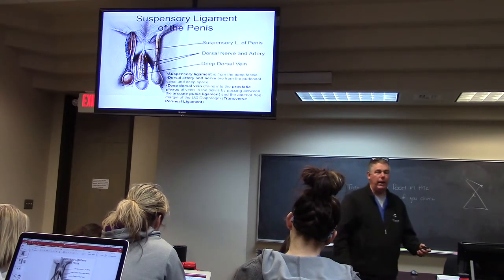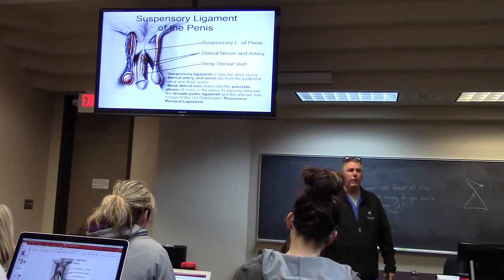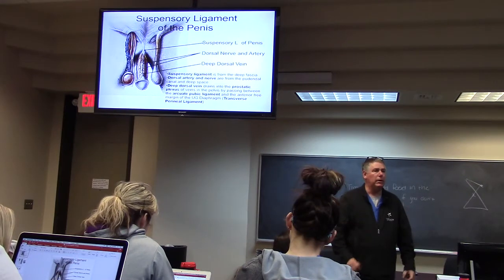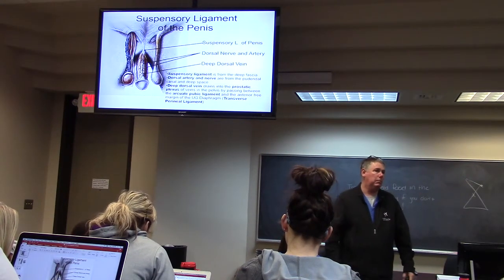Now clinically, I don't really think that has a whole lot of significance, other than knowing that there's a different venous drainage from the scrotum and labia from the penis and clitoris.